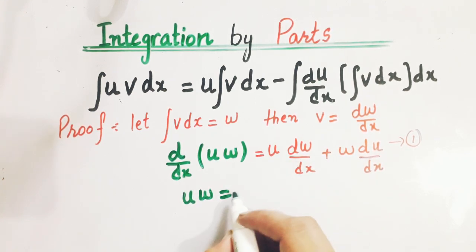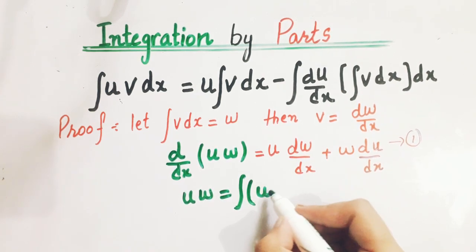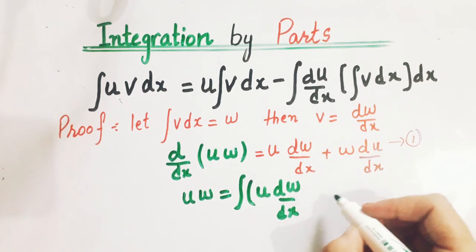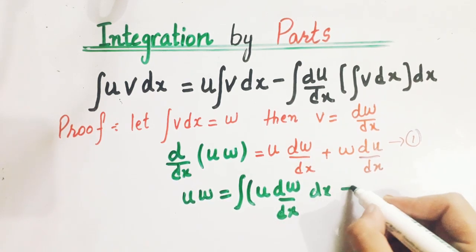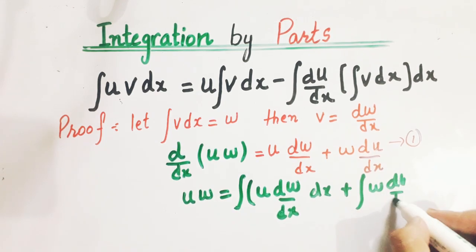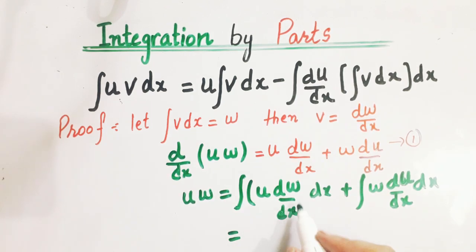So integration of this, dx, plus, dx. Now we will apply the original values in this. We get dw by dx equals v.